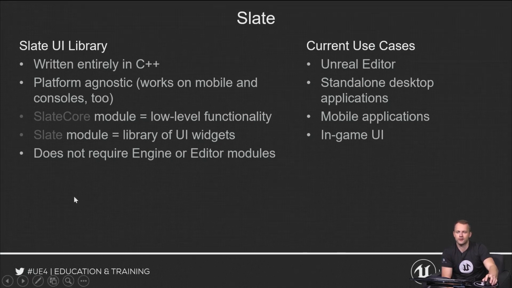It's completely self-sufficient. And we use Slate pretty much everywhere. All our tools, the editor itself, and even our in-game user interfaces, for the most part, use the Slate user interface library.